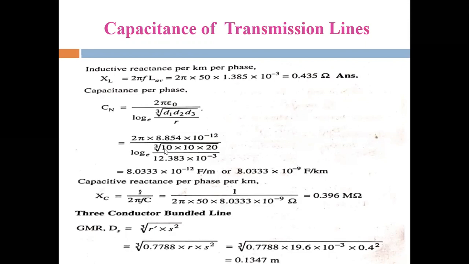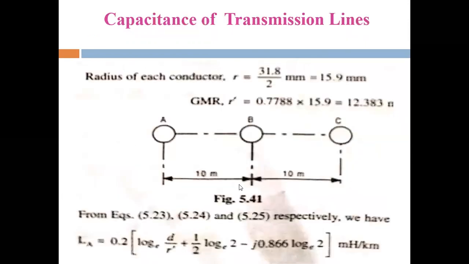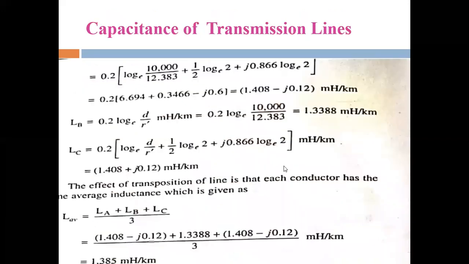D1 is 10, D2 is 10 and D3 means the distance between A to C, which is 10 plus 10, equal to 20.